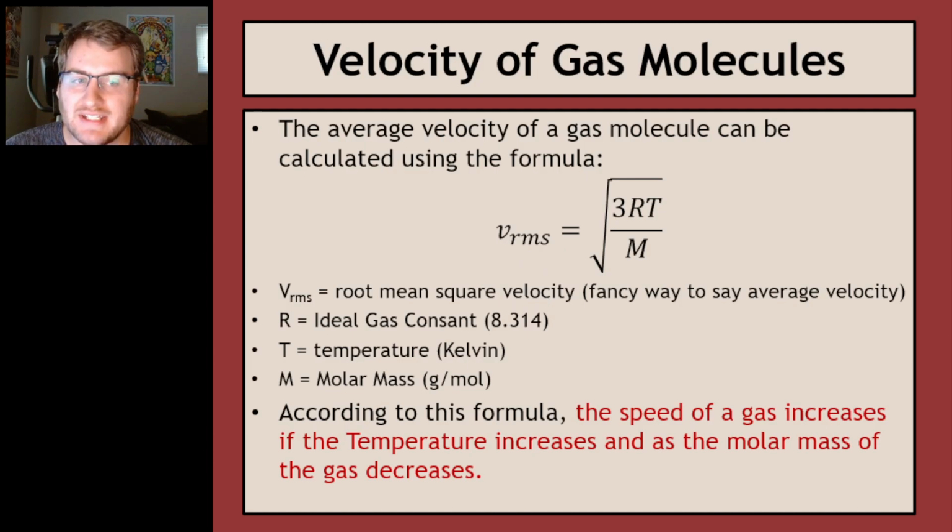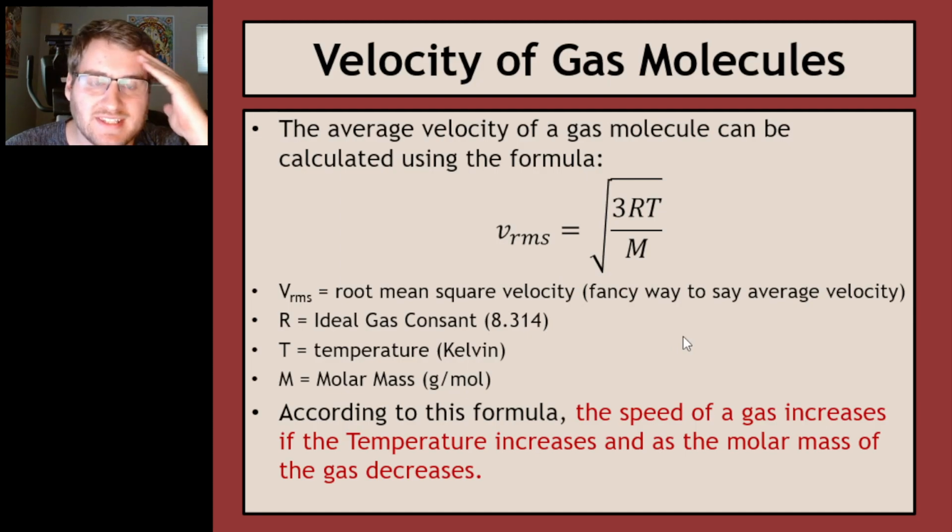It means something slightly different, but that's the idea. And that equals the square root of this entire quantity, 3 times R. R, we'll talk about a bit later, is the ideal gas constant, but it's just a number. So 3 and R are just numbers, times temperature, divided by capital M, which is molar mass.